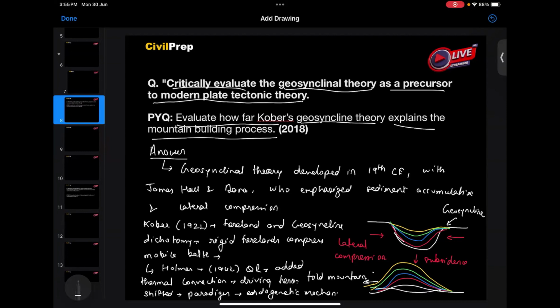So this was the early model of the theory which was developed here.